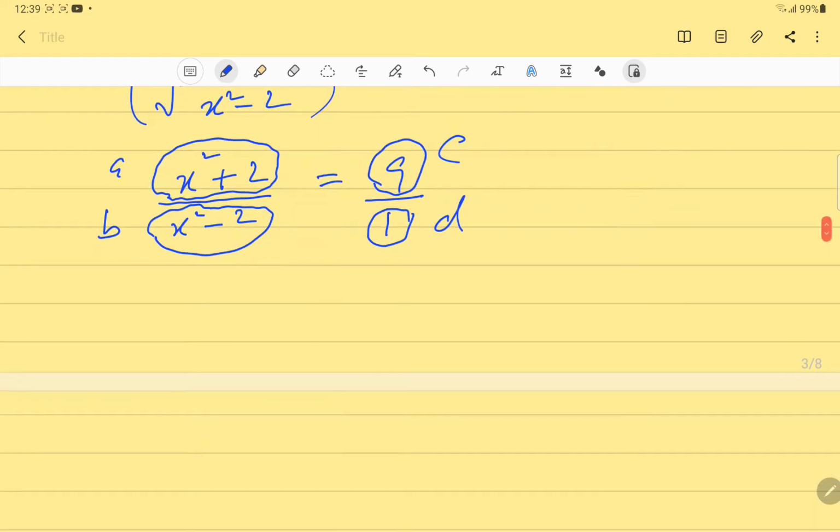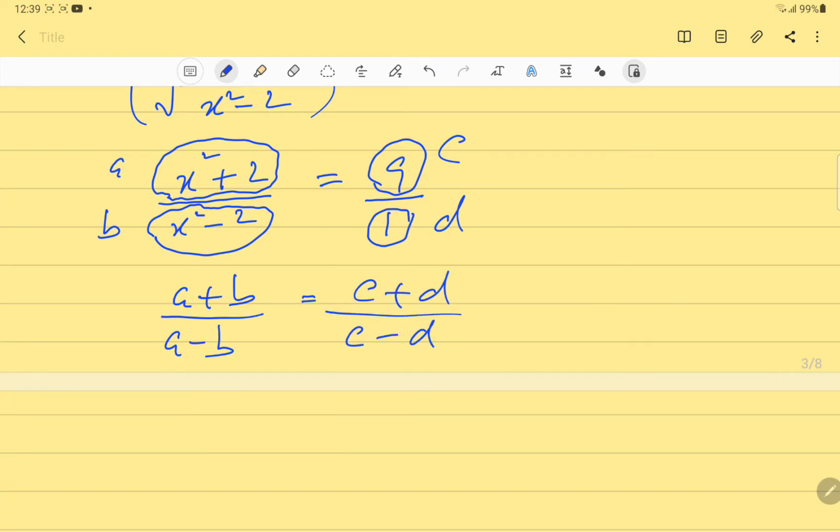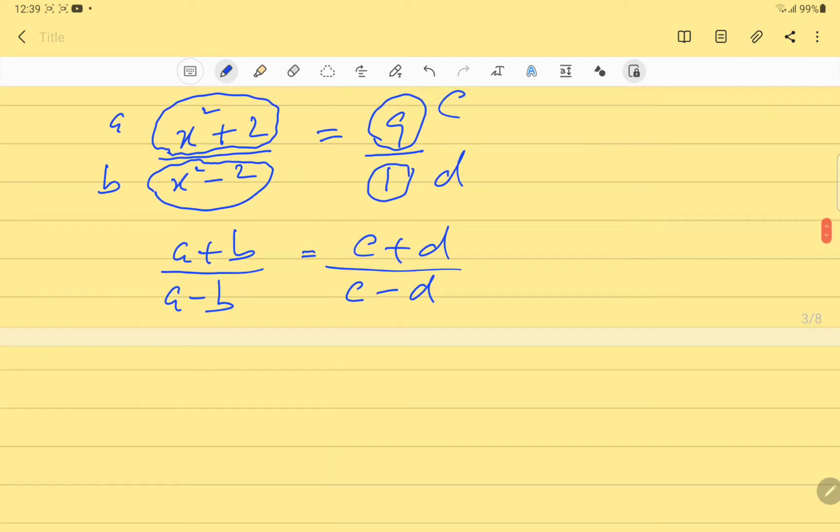Okay, let's apply it. So we are applying componendo dividendo theorem second time in the same question, which is quite a unique situation. So here we will be writing a plus b over a minus b is equal to c plus d over c minus d.